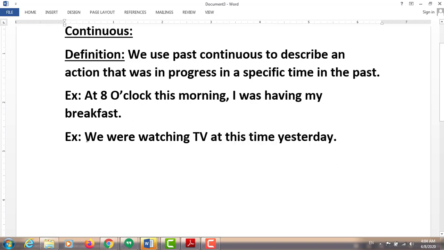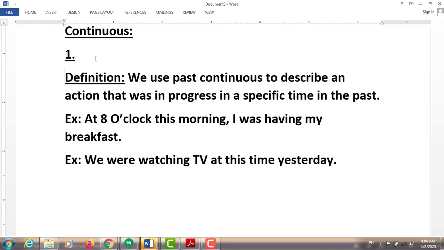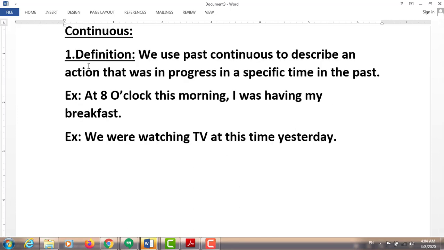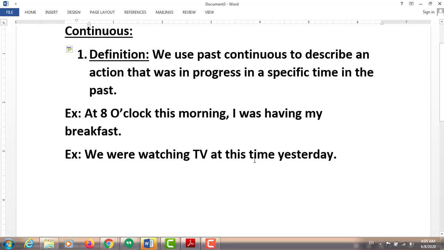So that means this action was in progress. Okay, this is the first definition. Let's go to the second definition.